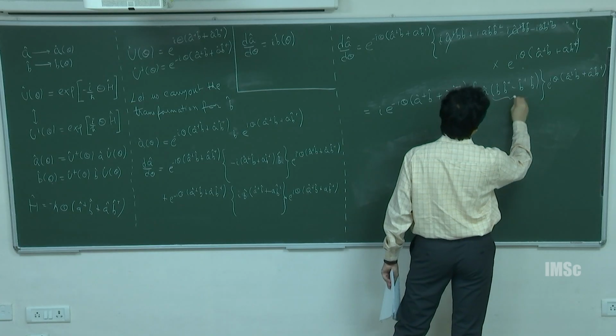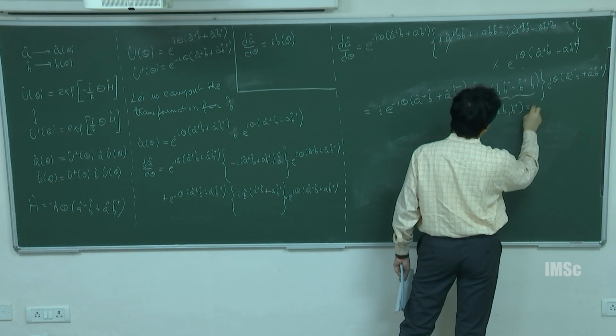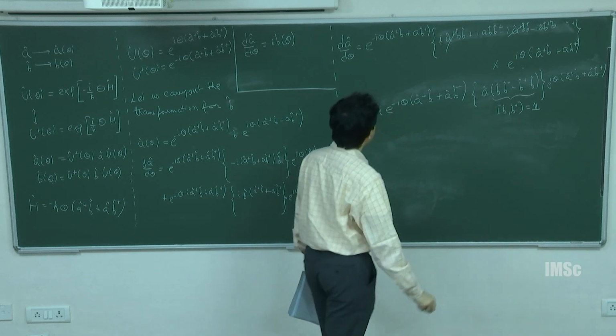Now this is the commutator between B and B dagger, which is identity.